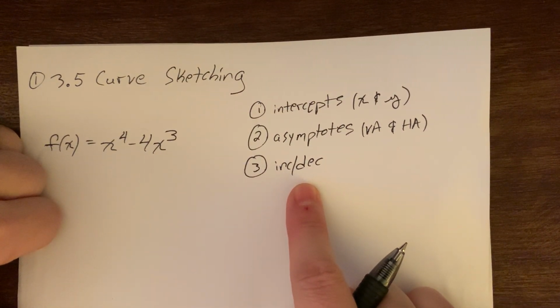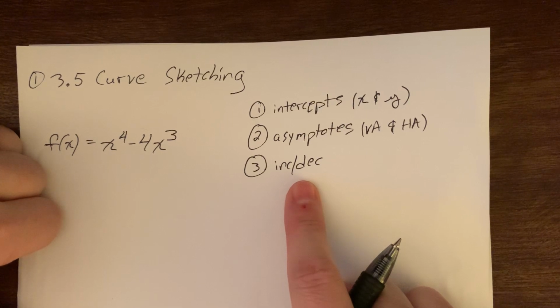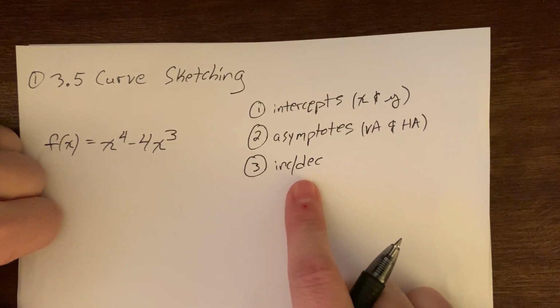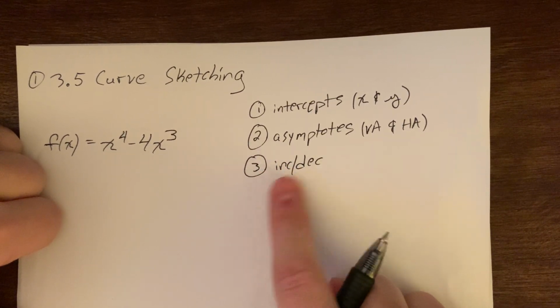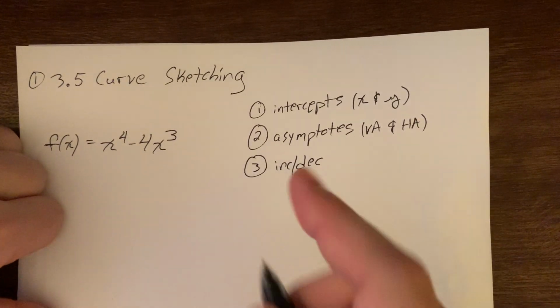And as we've seen from one of the previous videos in 3.3, once you know the ups and downs of the function, you're basically getting the local max and mins by default. Going up followed by going down will force a peak, will give us a max. Going down followed by going up will force a valley, will force us to have a minimum. So again, 2 big pieces, but while we do that, we'll basically get the local max and mins by default.